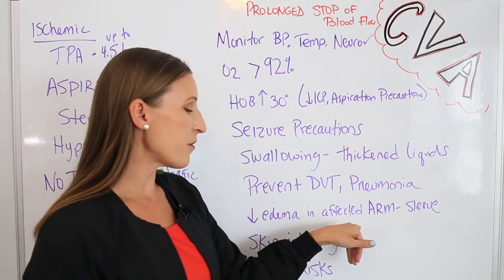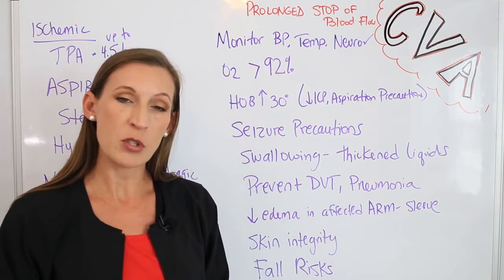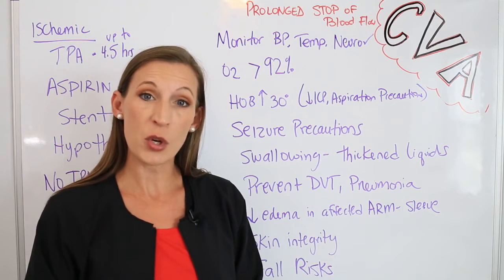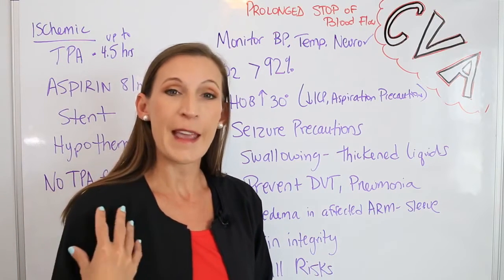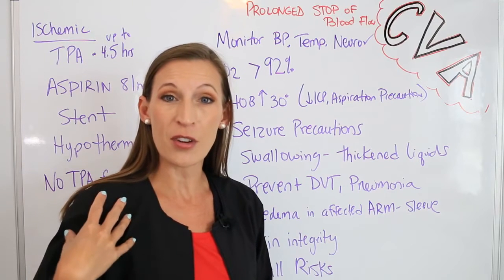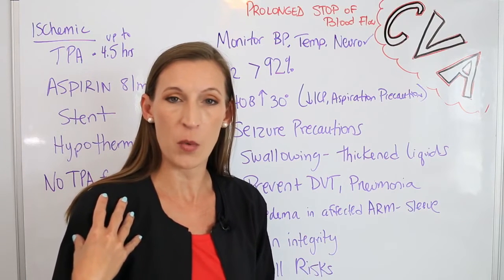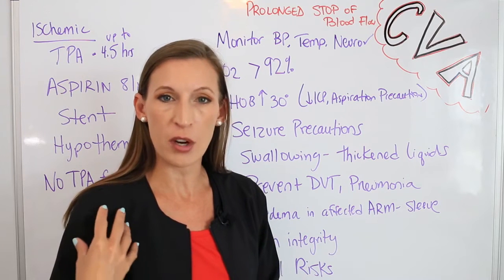Decrease the edema in the affected arm. A lot of times you'll see that the patient who's had a stroke will have weakness or paralysis in one arm and they can't move their arm well, so they're not getting circulation in the arm very well and it accumulates extra fluid.